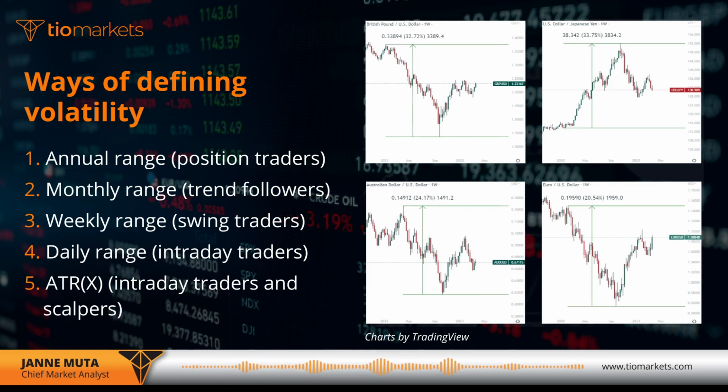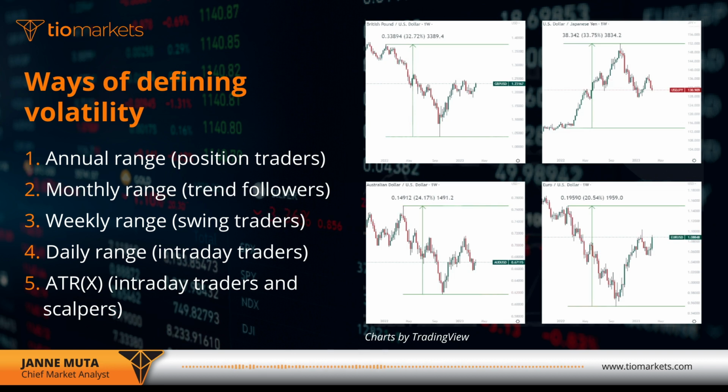Then if you are an intraday trader, you will look at the daily range. Say if you're looking to catch, for instance, 40% of the daily range, then obviously the bigger that range is, the easier your job will be. It's very difficult to trade a market that has tiny ranges.